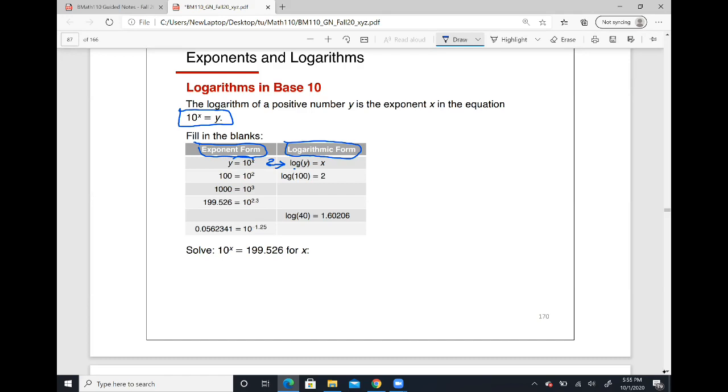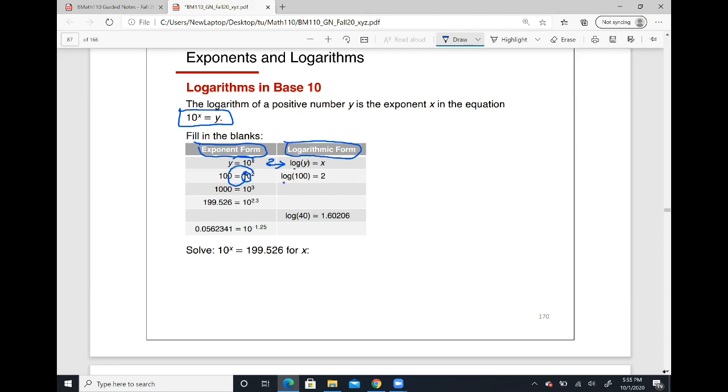Now we have the second row, 100 equal to 10 to the power 2. If you want to convert it to log form, it's going to be log base 10 of 100 equal to 2.